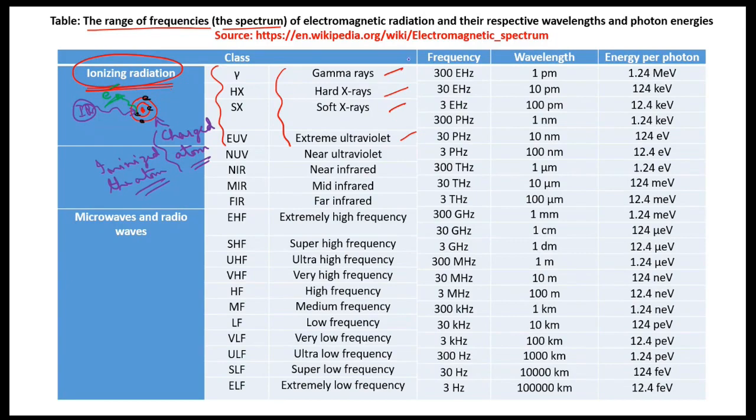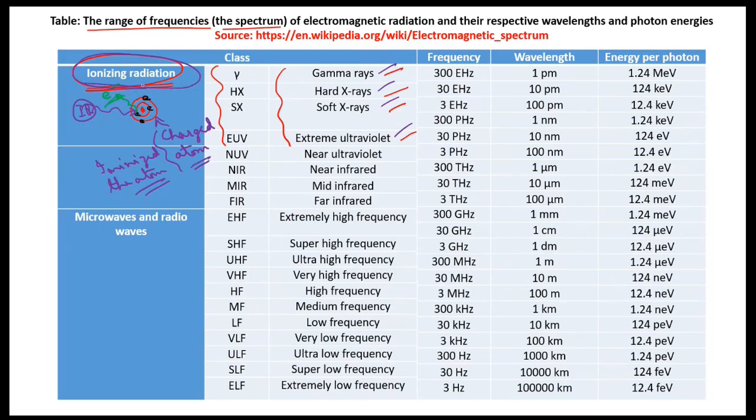And these radiations, whether it is gamma rays, hard X-rays, soft X-rays, or extreme ultraviolet X-rays, they are all ionizing radiations.